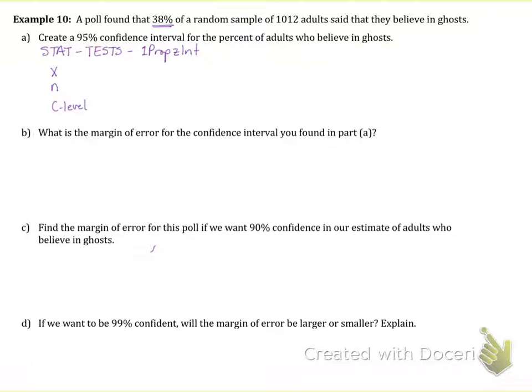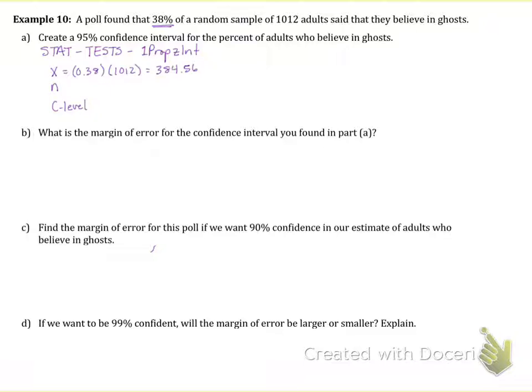So X is basically the numerator of our fraction, of our proportion. So to figure that out, if we take the percent and multiply it by the sample size, we will get the numerator. Now, when you do this, you get 384.56.